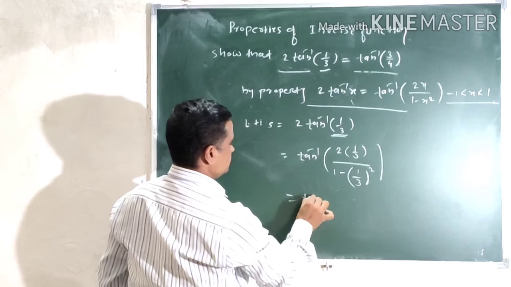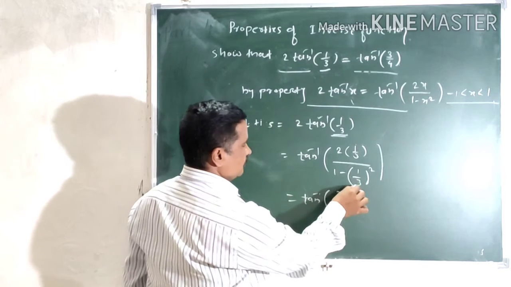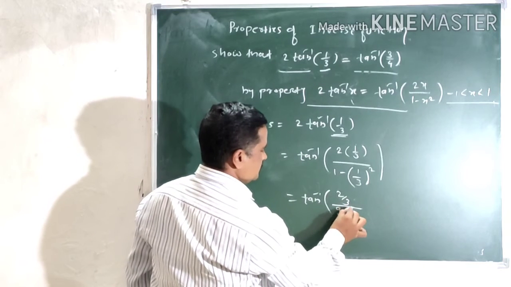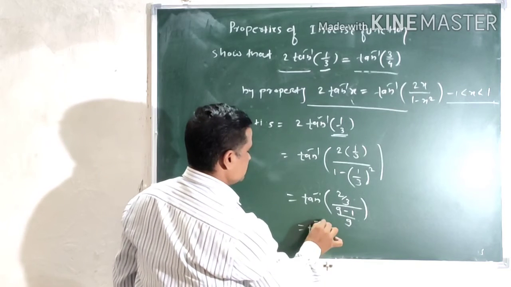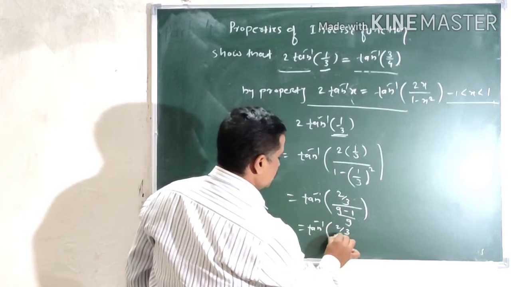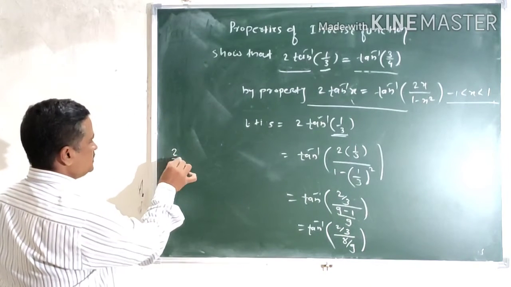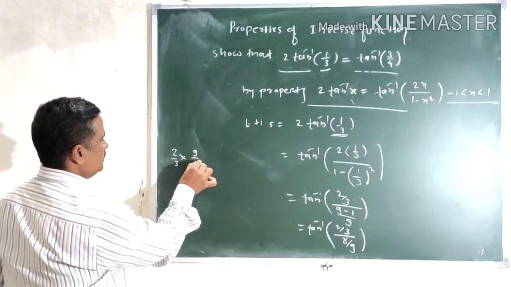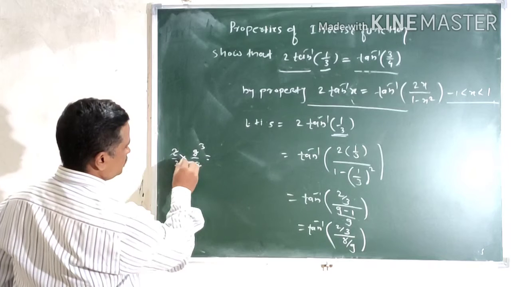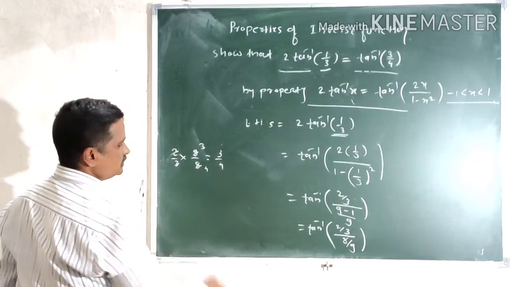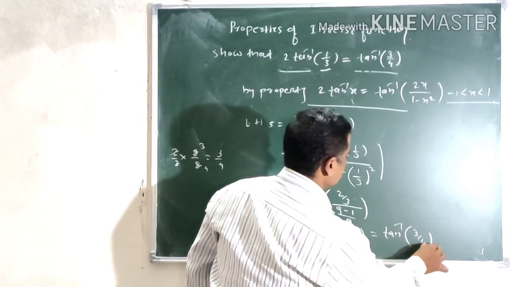That equals tan inverse of 2 by 3 by 9 minus 1 by 9, which is tan inverse of 2 by 3 by 8 by 9. So it is 2 by 3 into 9 by 8. 3 threes are 9 and 2 fours are 8, so that equals 3 by 4. That is tan inverse of 3 by 4.